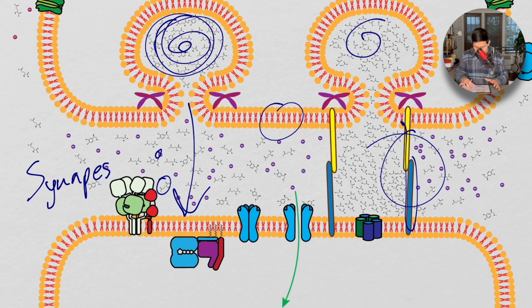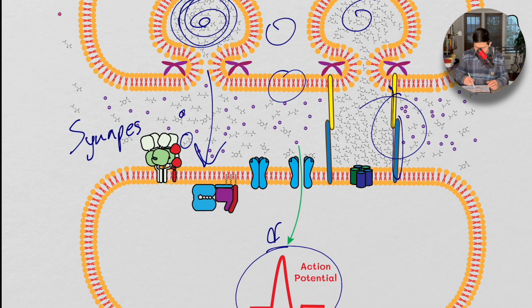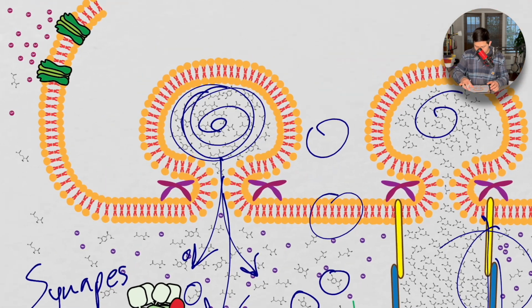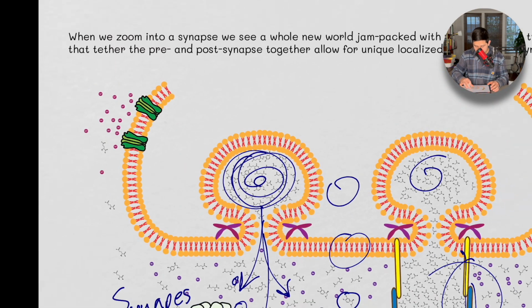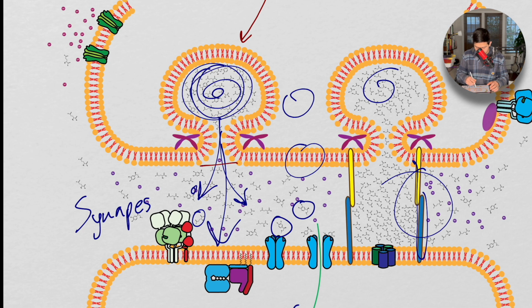And how an electrical signal gets passed from one nerve to the other is that these things here are being spilled out from these vesicles. These are vesicles that come in from the axon. They fuse to this membrane.